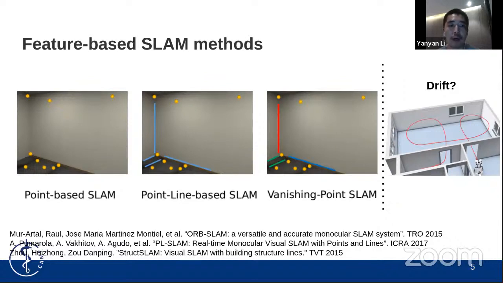To solve this problem, a very direct idea is to extract more features. Besides points, people want to extract lines, since they also rely only on a single RGB image. So it's the same strategy as for points.